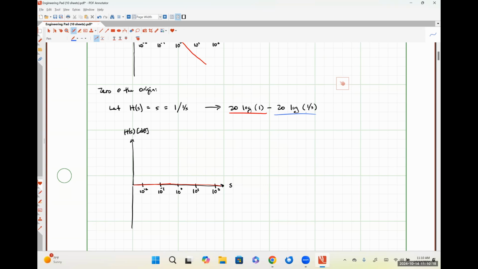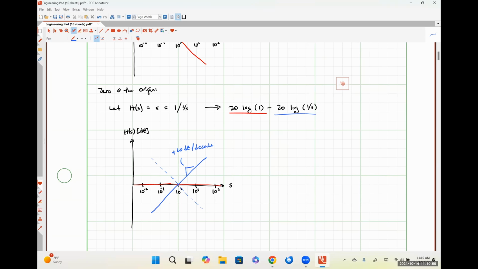So earlier, when we had positive 20 log of 1 over s, it looks something like this with a slope of negative 20 decibels per decade. So when I do minus that, it should be the opposite direction. So I'll have a slope of positive 20 decibels per decade, like so.